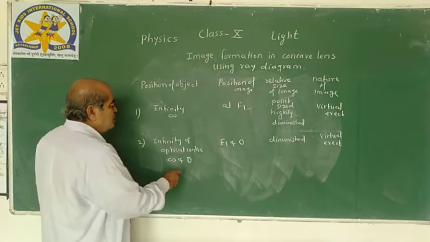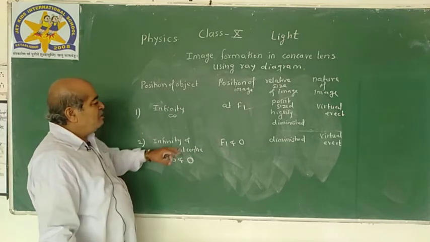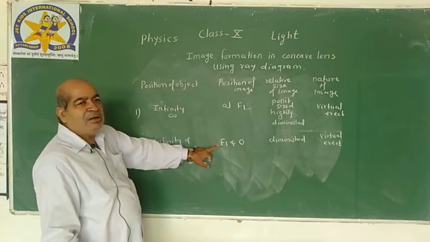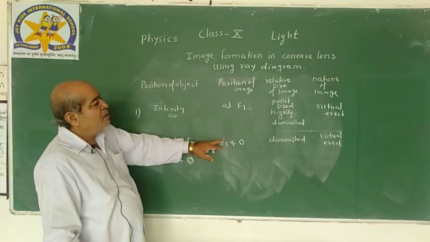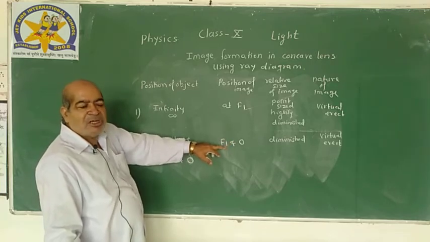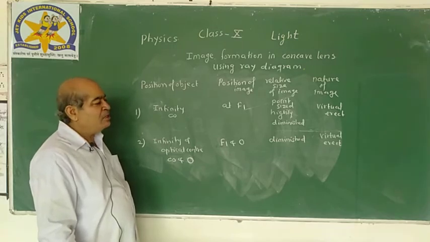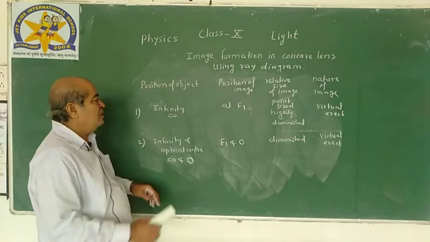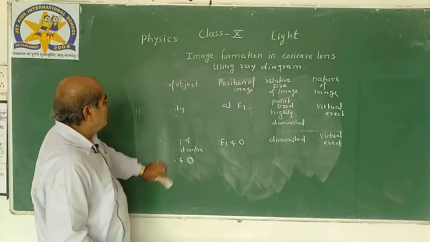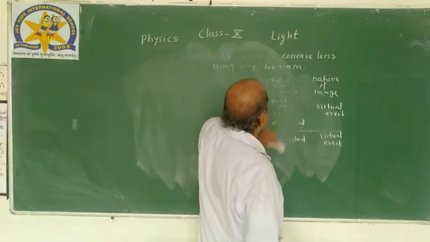Whatever may be the position between infinity and the optical center, the image is always formed between the principal focus and the optical center on the same side of the object. The image is diminished, meaning small in size, and the nature of the image is virtual and erect. So this is the image formation in the concave lens.